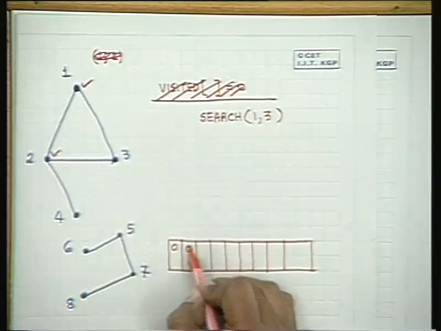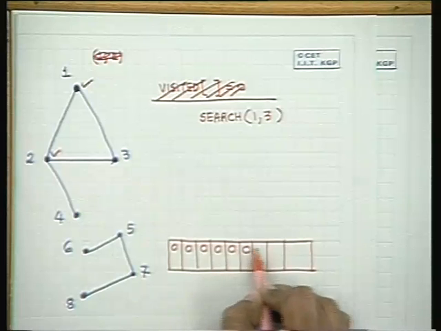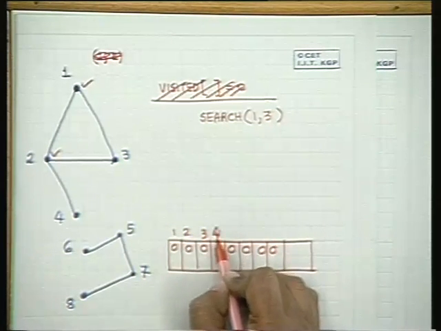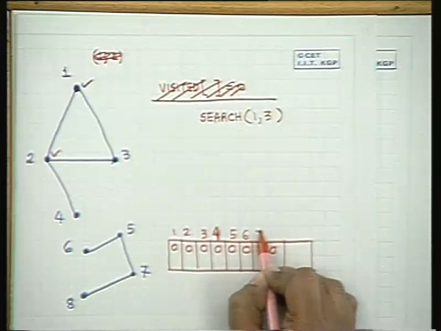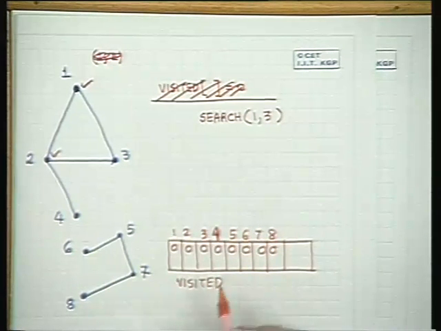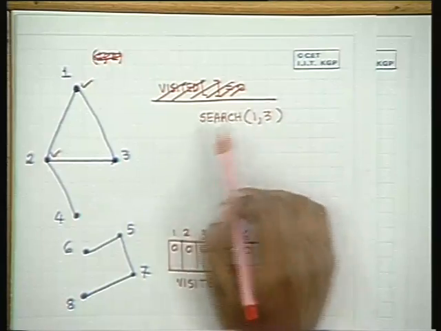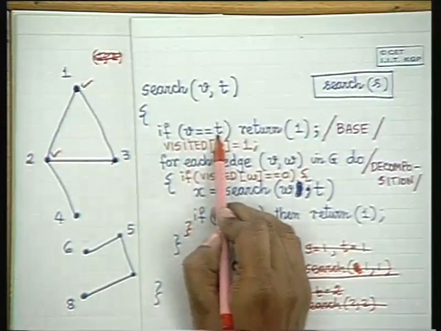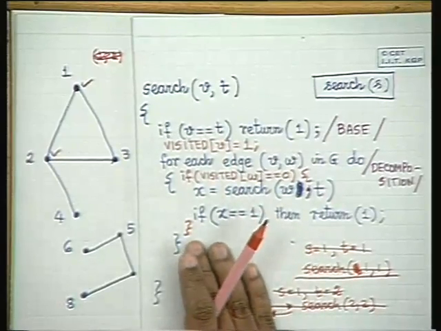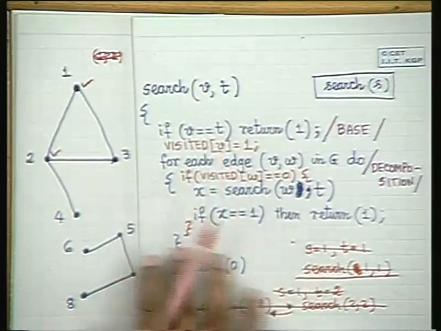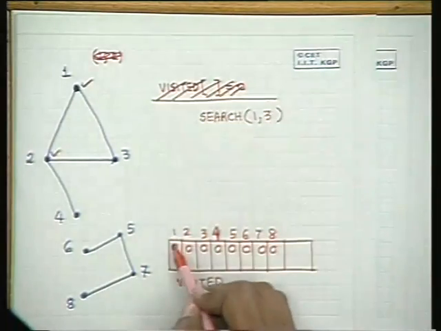Initialize all of them to 0. This is our visited array. Now when I come here, the first thing that I do is v equal to t? No, because it is 1, 3. Then I make visited v 1. V is 1, so visited 1 is made 1.